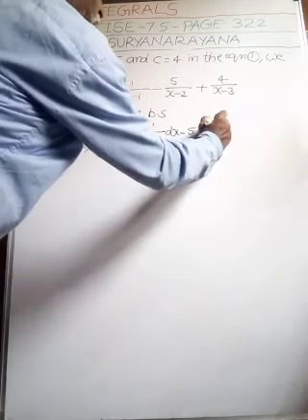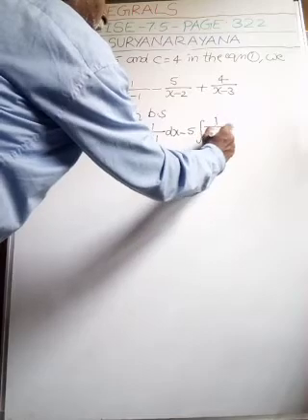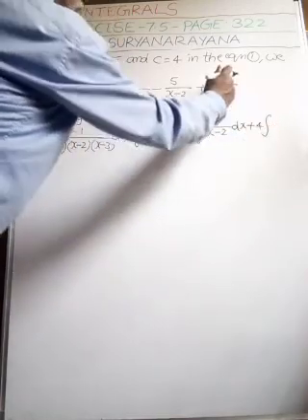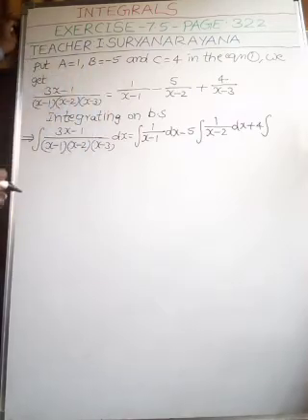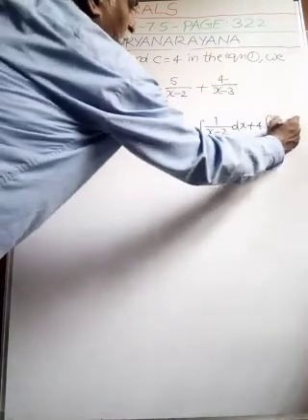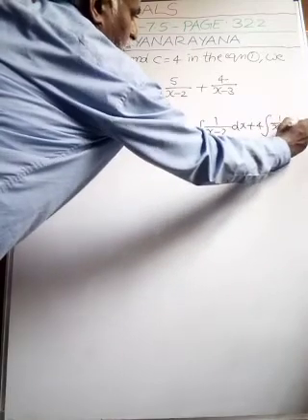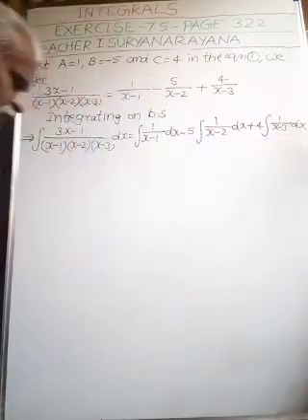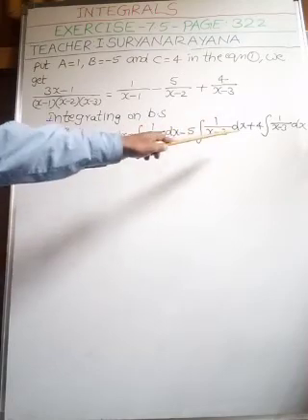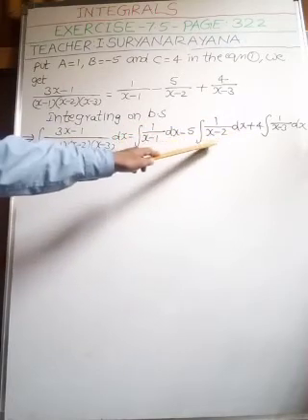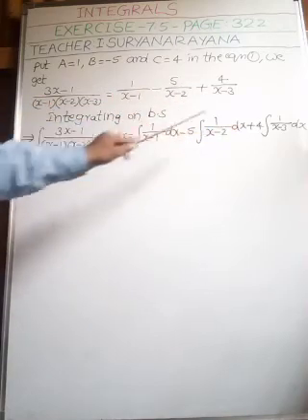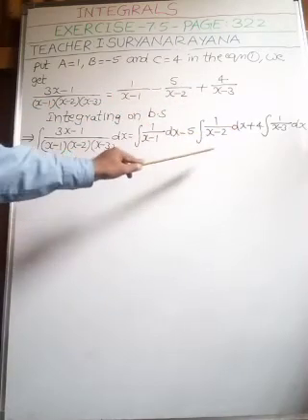So minus 5 into integral 1 by x minus 2 dx plus 4 into, here 4 is a numerical coefficient, we can write it before the integral sign. So 4 into integral 1 by x minus 3 dx. Here I wrote the steps directly, direct step. Understood this step, my children? For each and every term we are finding the integral. Okay, my children? Understood this step?